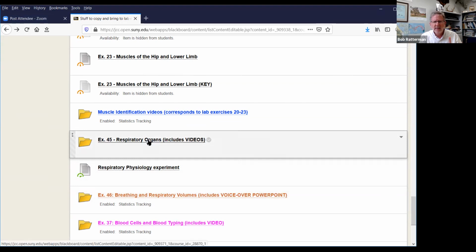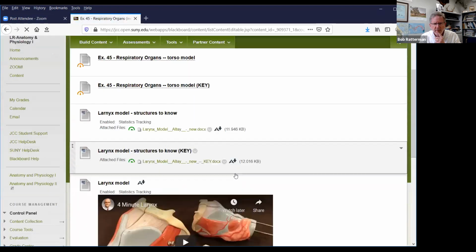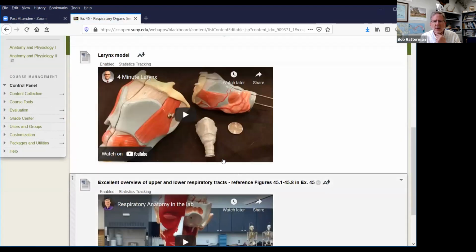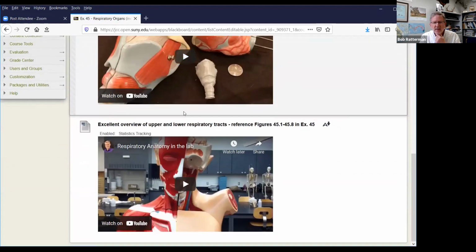The same applies to respiratory organs. Oh yeah, do you see the Blackboard thing on your screen? So here's a model of the larynx. Here's a model showing upper and lower respiratory tract structures in a torso.